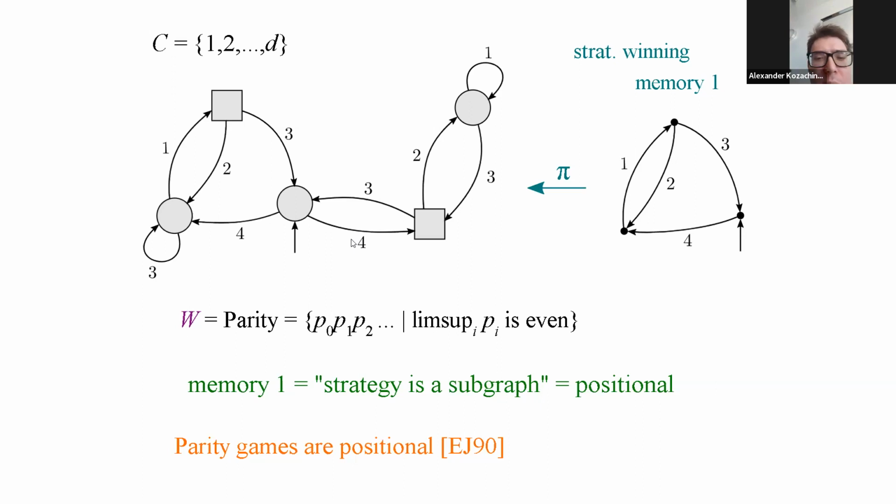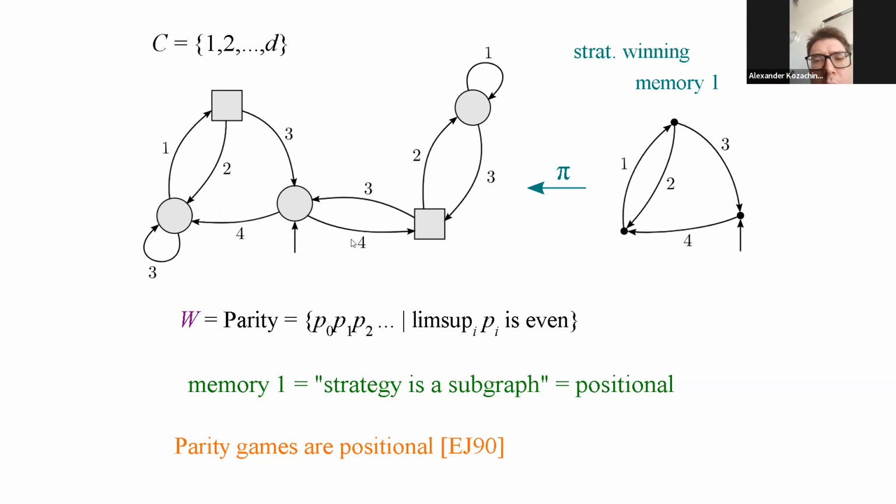Sorry. Let's say you have a winning positional strategy in the mean payoff game. So the weights are just as explained: large gaps, alternating negative. So if I consider just simple cycles, then negative cycles correspond to even.